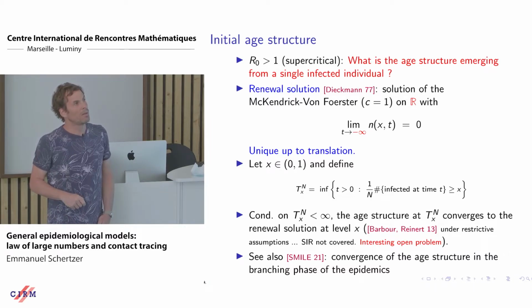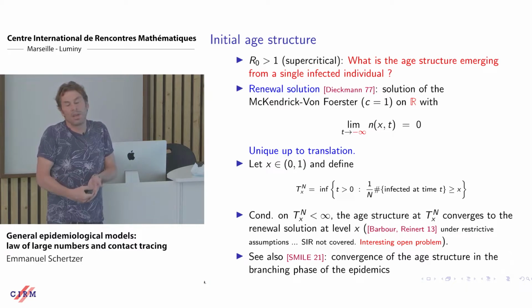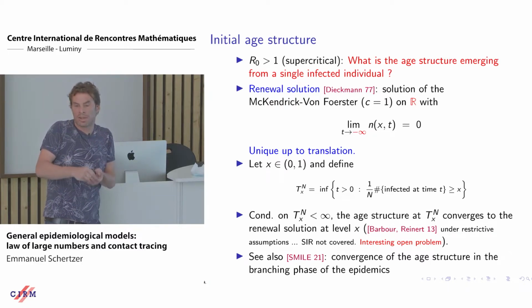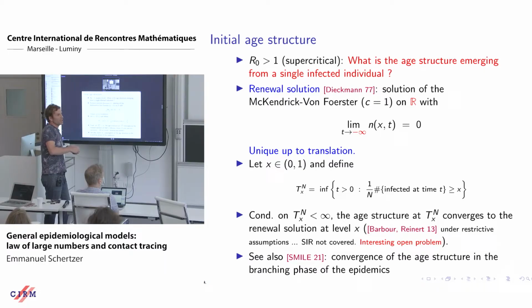What this is telling you is that the age structure that you see at time t is just the result of a single individual that started the infection at time minus infinity, and then you had explosion of your solution.